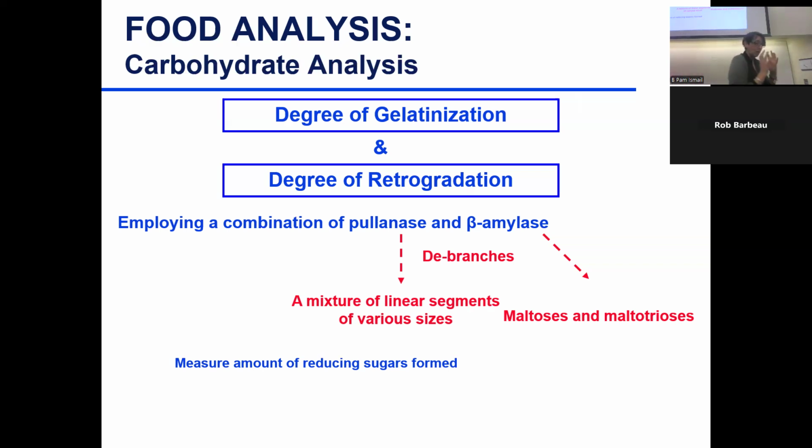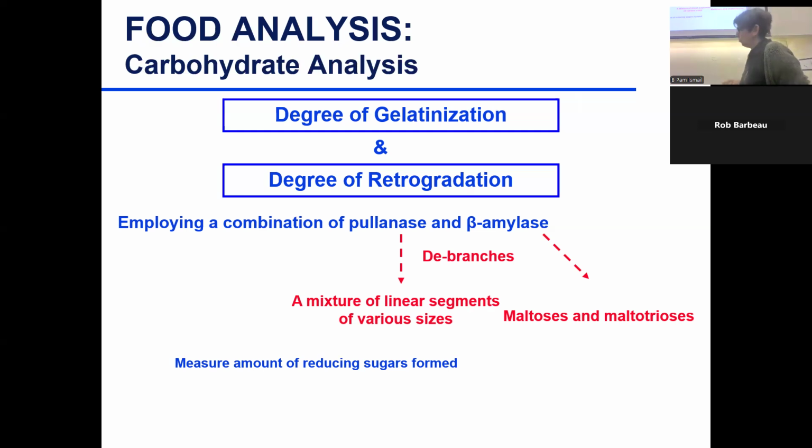So you always have to have your reference sample, either raw starch or gelatinized starch. In this assay, you specifically use those two enzymes that I told you will only act on gelatinized starch. They cannot act on retrograded starch.